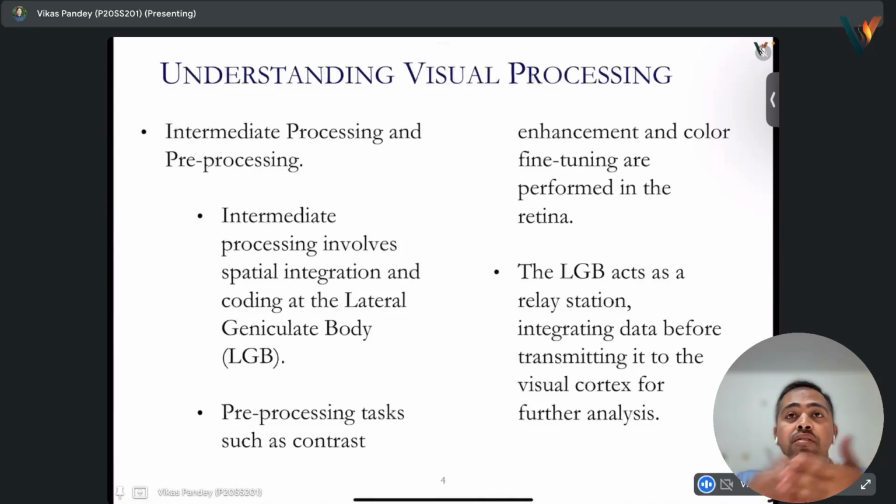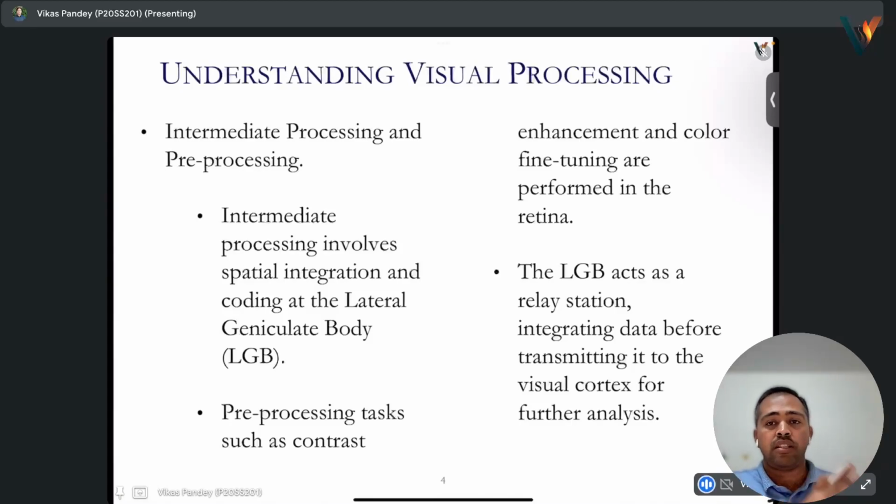Then in the retina itself, some colors are separated because they will have a different path since different cones are detecting them. Then the lateral geniculate body will integrate this data and transmit it to the visual cortex.